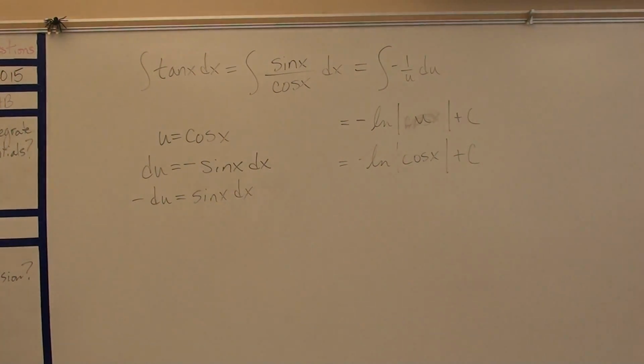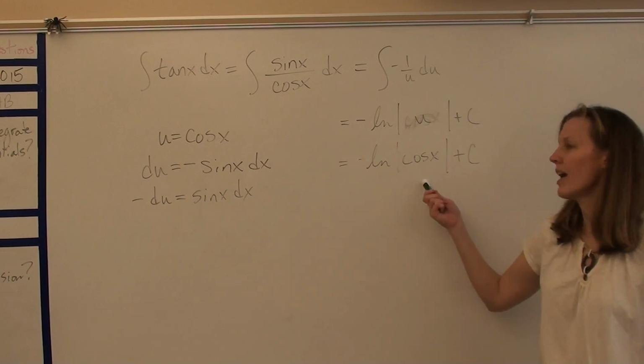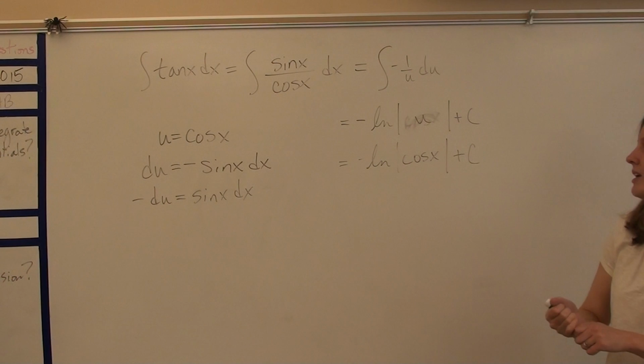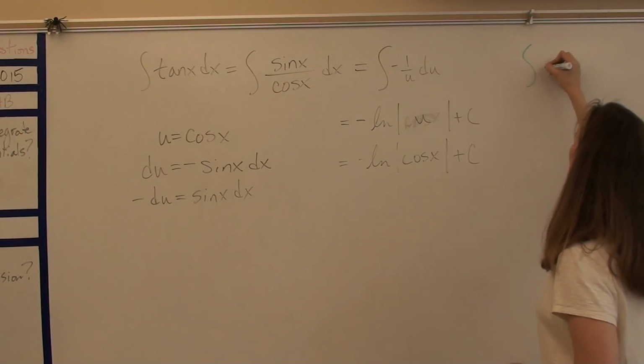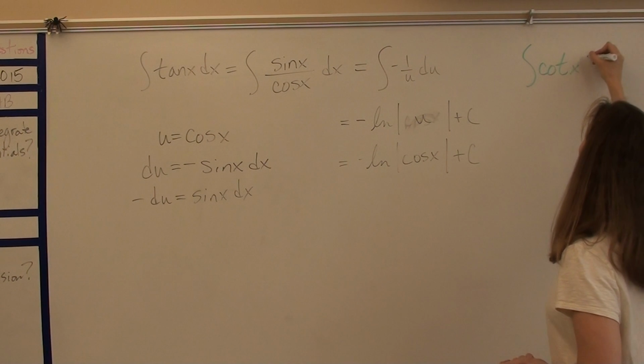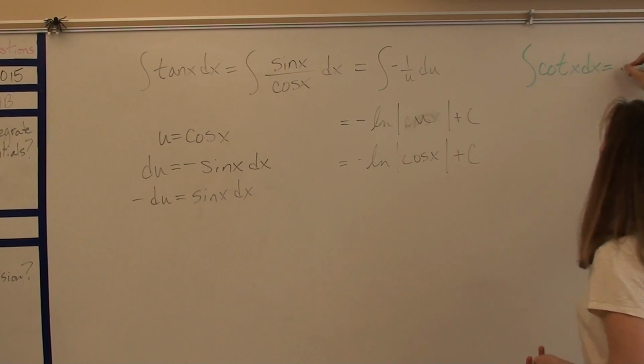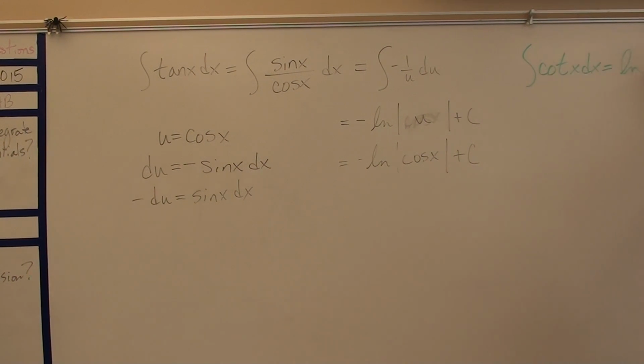So the integral or the antiderivative of tangent is negative natural log absolute value cosine x plus c. We're going to write down the other three right now, we're not going to derive them all. The integral of cotangent is positive the natural log of the absolute value of sine x plus c.